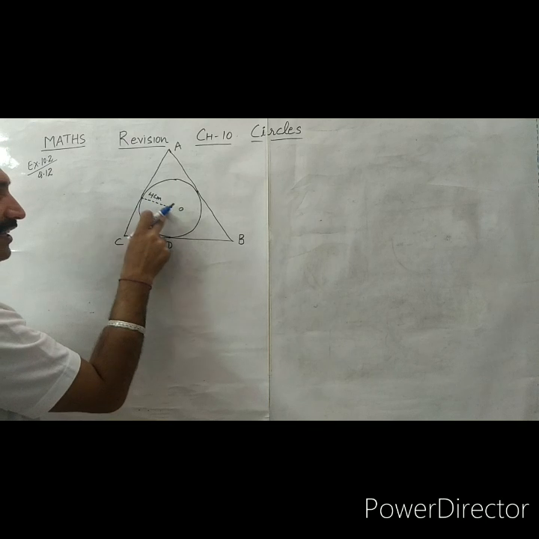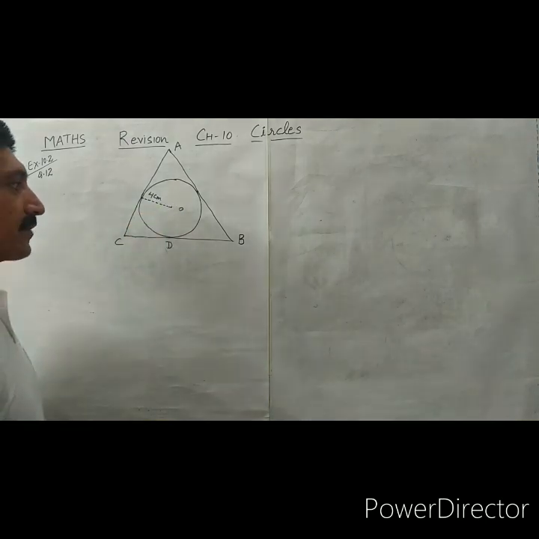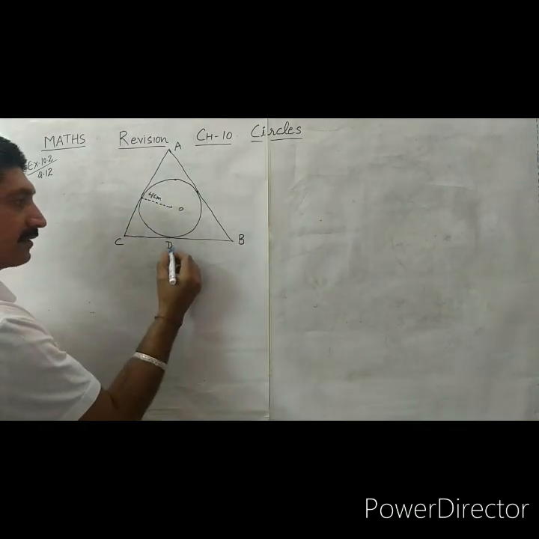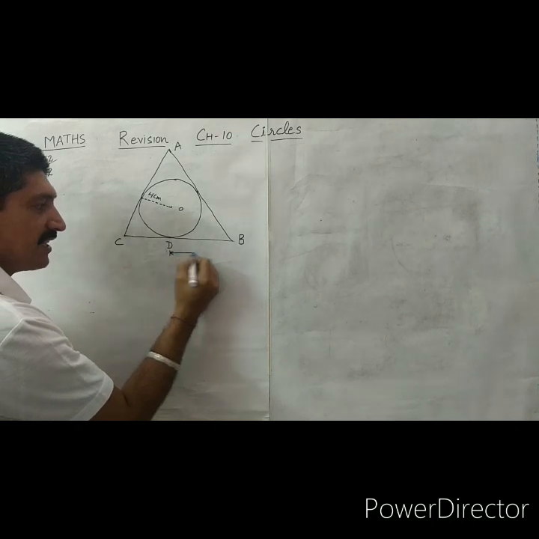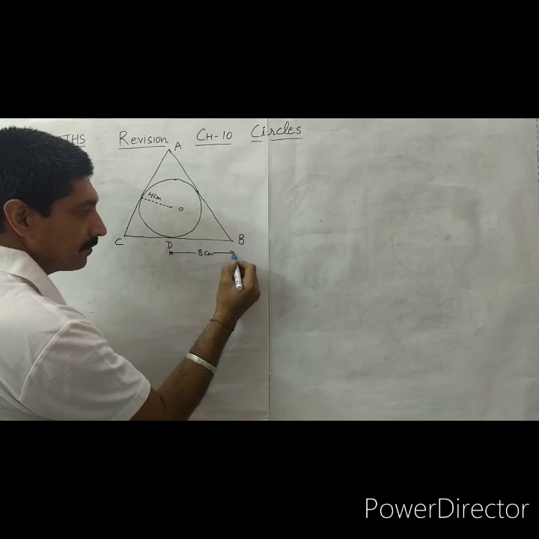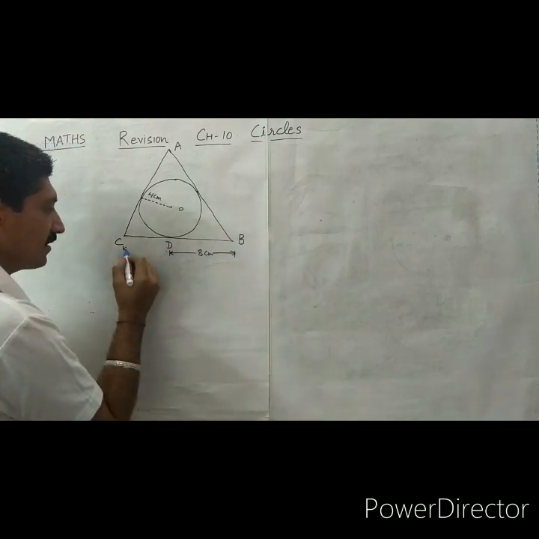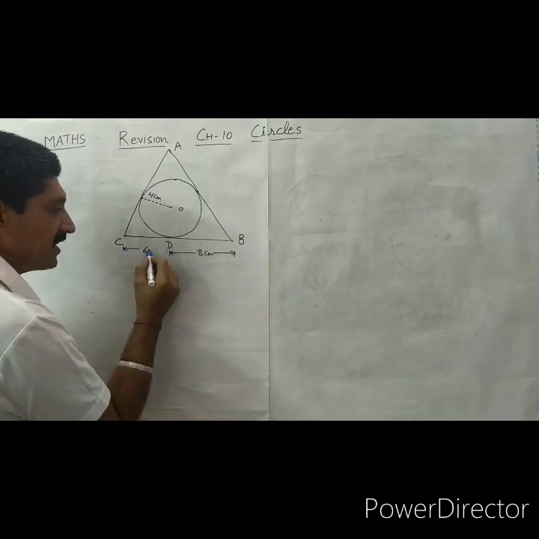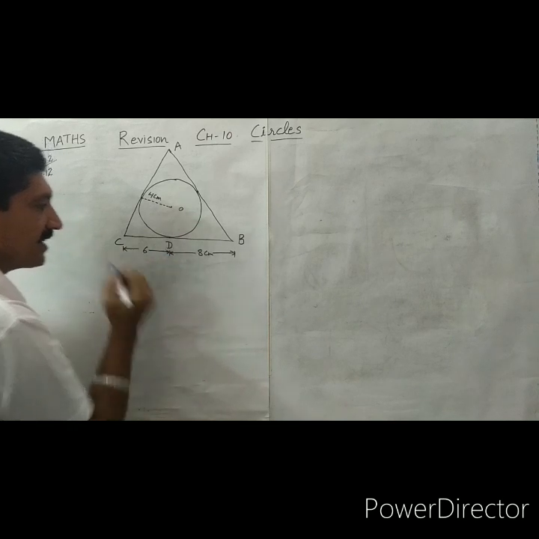it with a radius of 4 centimeter. So here the distance BD is 8 centimeter, it is given, and the distance CD is 6 centimeter.